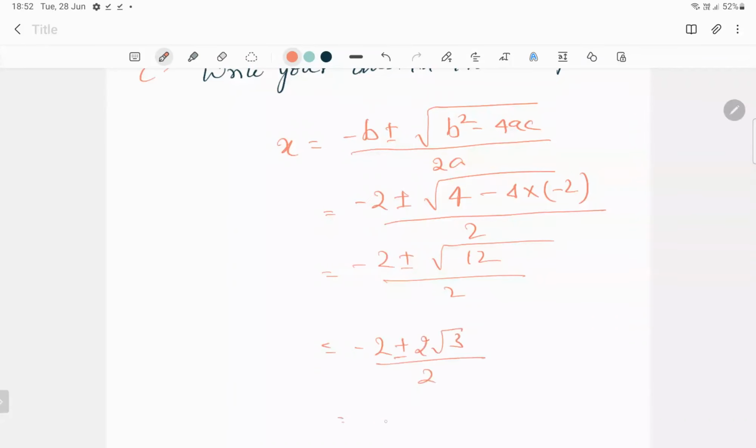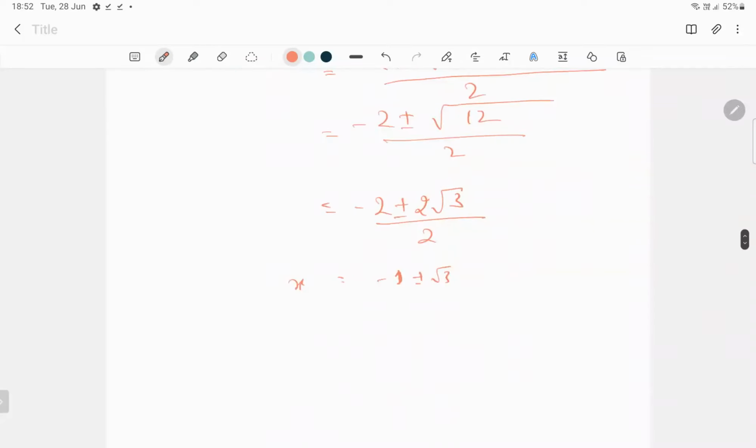So can you write this as minus 1 plus minus root 3? I'm just dividing it by 2. Are you getting it or not?